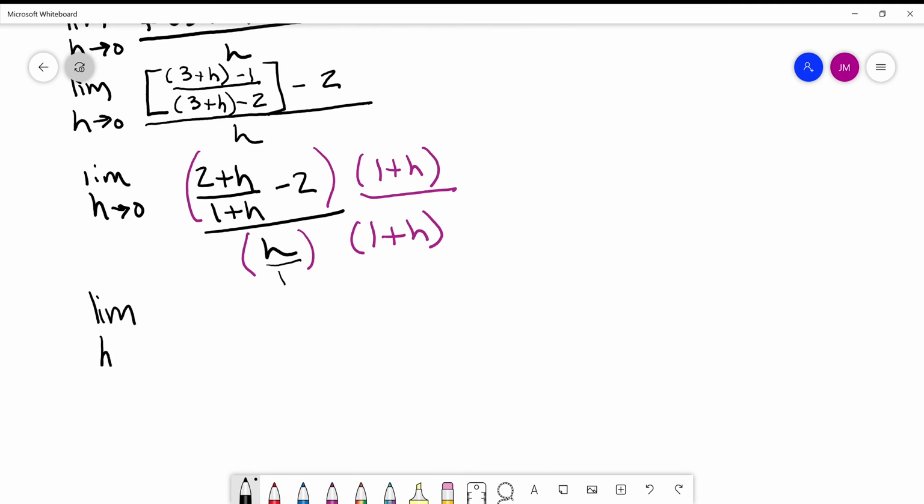So we're left with the limit as h approaches 0. And then we're going to distribute here. So when I distribute 1 plus h, the 1 plus h here is going to cancel with the 1 plus h over here. So that's really going to be gone, and I'm just left with 2 plus h on top. And when I distribute here, I'm going to be left with minus 2 times 1 plus h.